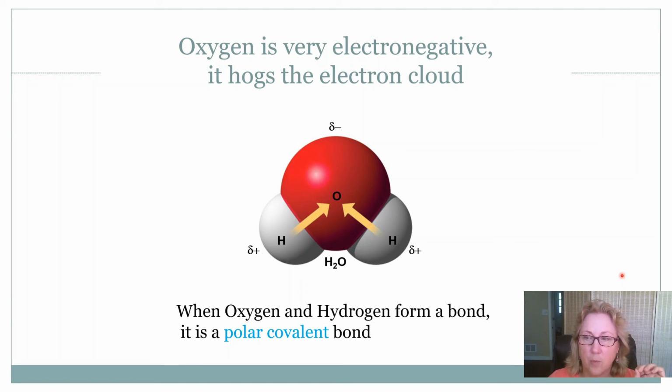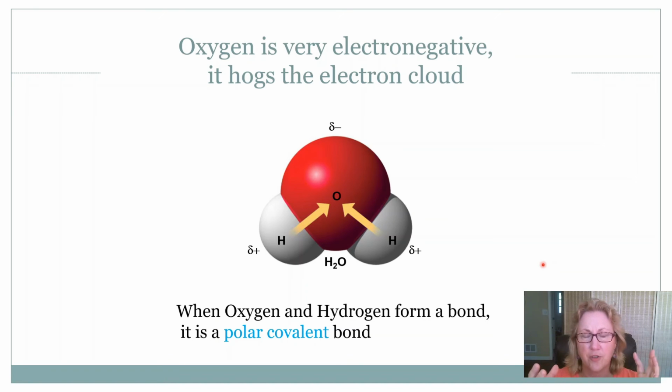One of the reasons why water is such an ideal solvent is because of its polarity. Oxygen as an atom, the element oxygen, is what we call electronegative. In fact, it's one of the most electronegative things in the periodic table. And that means that it tends to draw that electron cloud to itself.